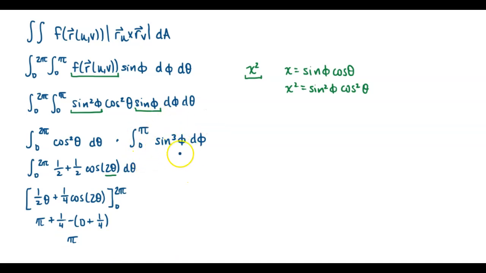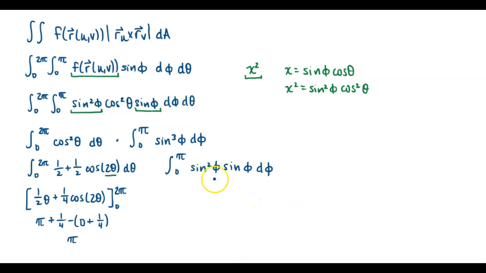On this integral, what can I do to find the sine of phi cubed? And we remember back from Calculus 2, well, we can take a sine of phi out of here, and we can rewrite this as the integral from 0 to pi of the sine of phi squared times the sine of phi d phi.